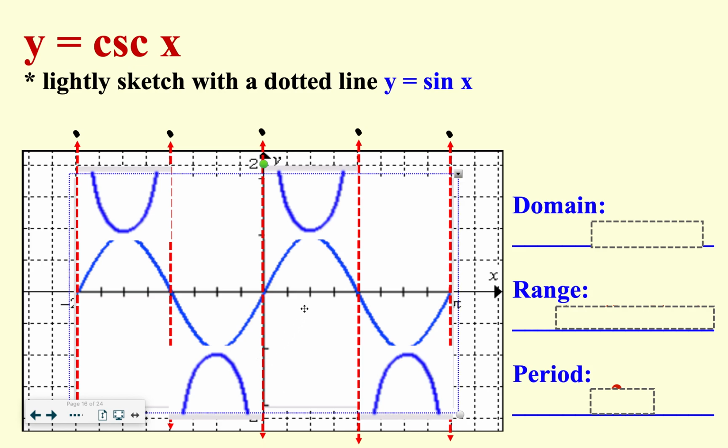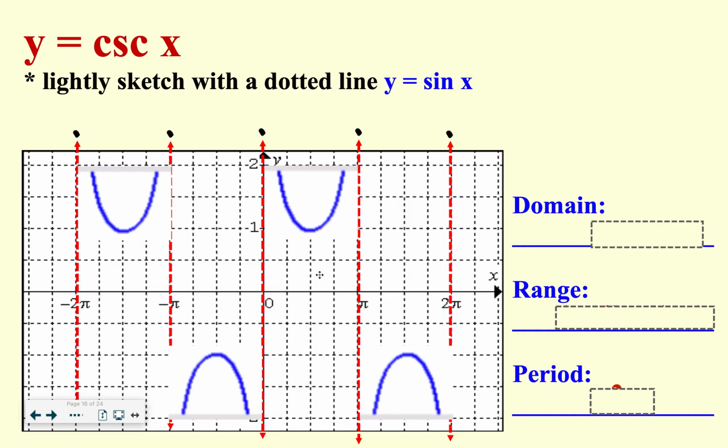Now I'm going to get rid of the sine wave so you can focus on, here is your cosecant graph, right? So all the mins and maxes of your cosecant graph occur at your mins and maxes of your sine wave. So that's an easy way to think about those mathematically and a shortcut for graphing. So again, your domain is everything except for, notice there's asymptotes at every increment of pi.